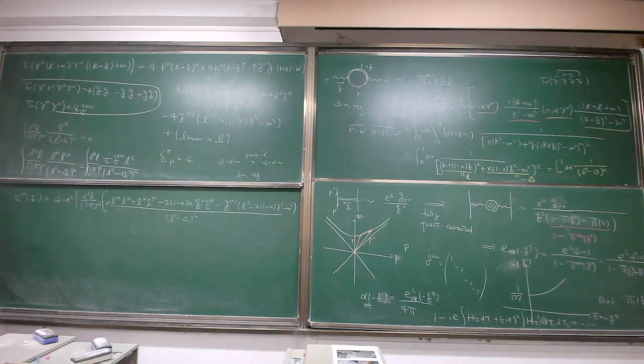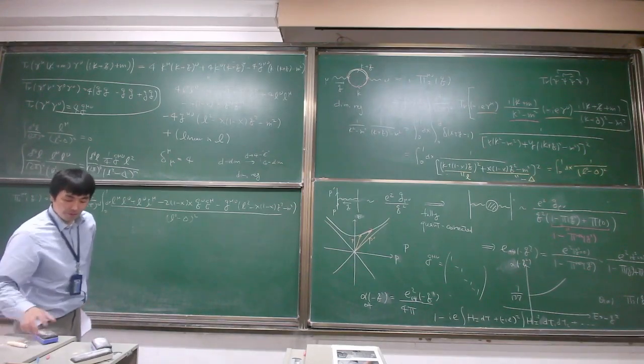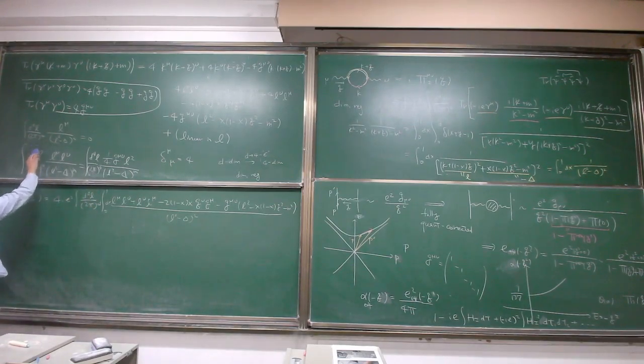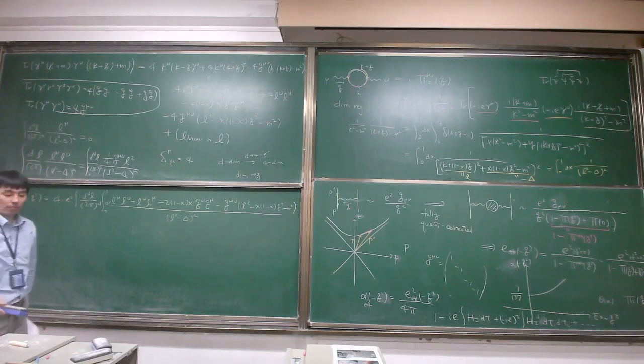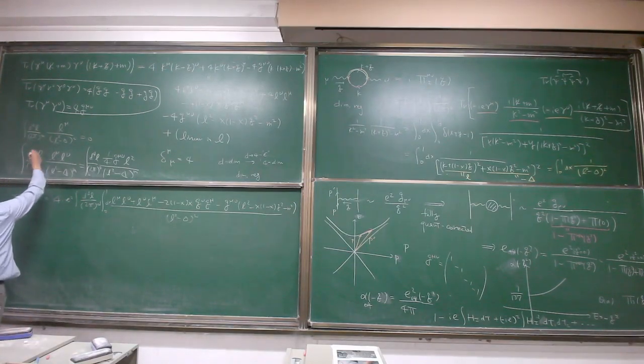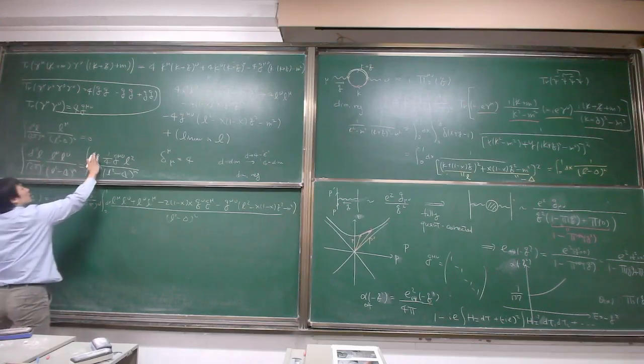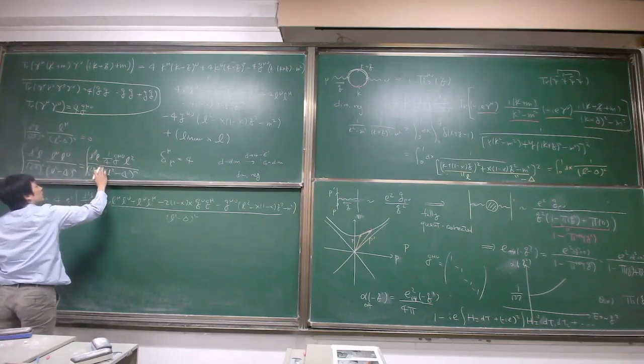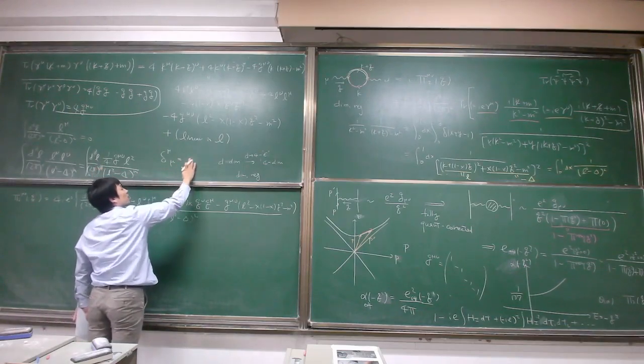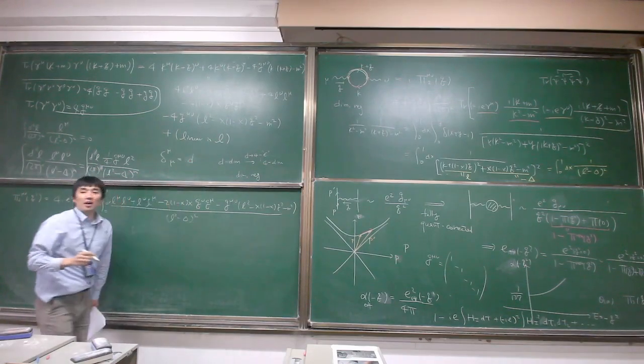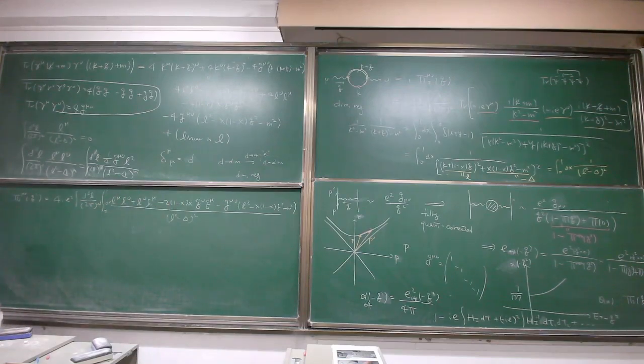And now we replace 4 by D. If you replace 4 by D, then the trace becomes D dimensional. D can be any number. Here it's not necessarily an integer, in fact.